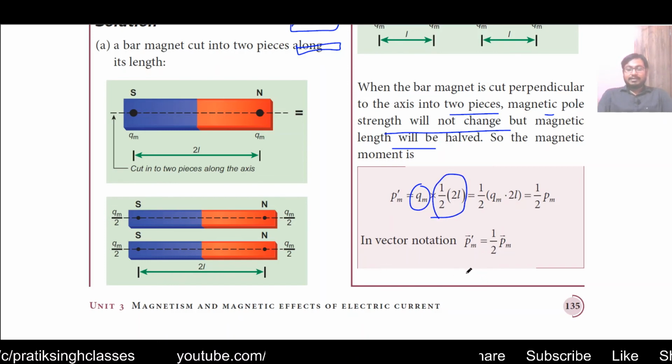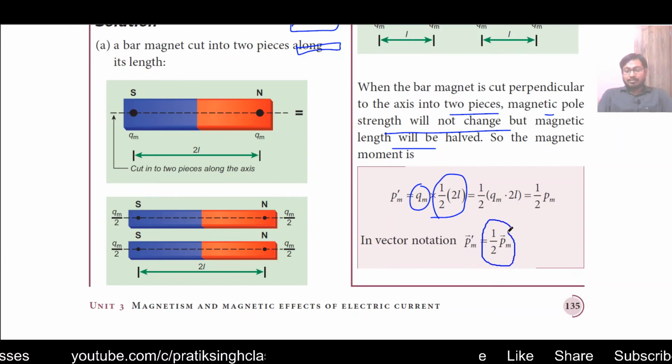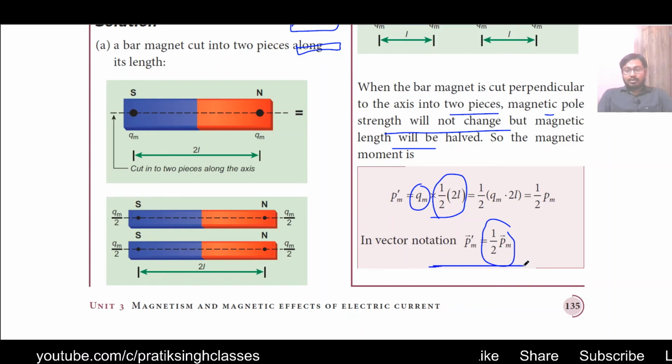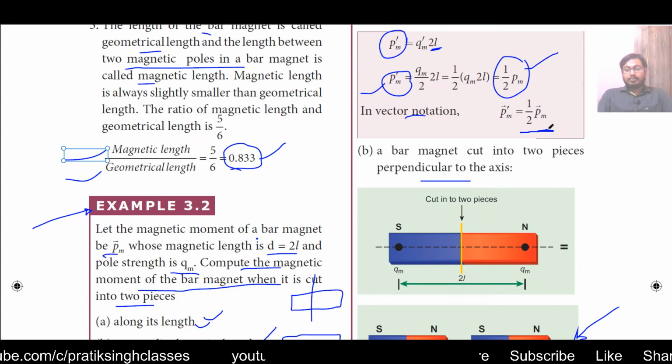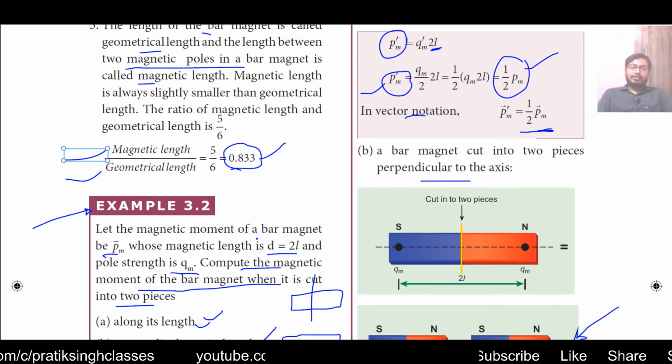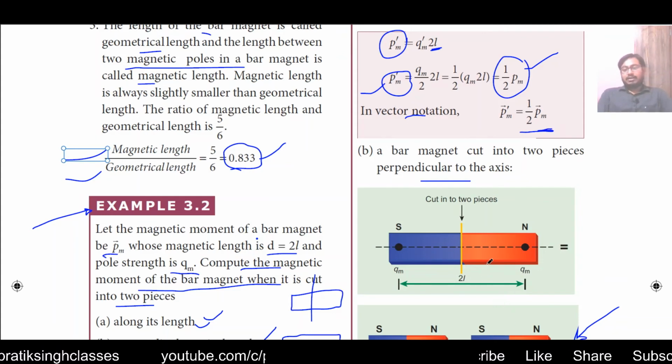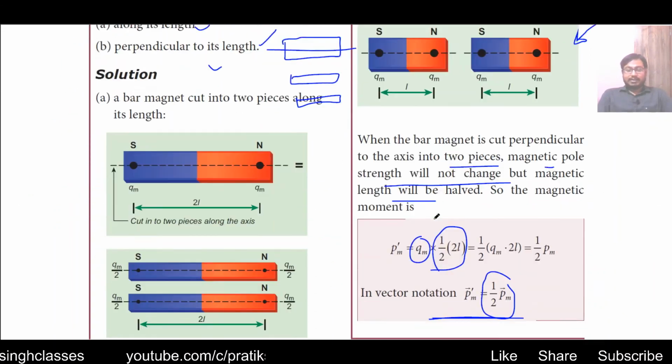In vector notation, vector P'm equals half of Pm. Can you imagine, here we have got half of vector Pm, and here also we have got half of vector Pm. So whichever way you cut the magnet, you will get the same magnetic moment.